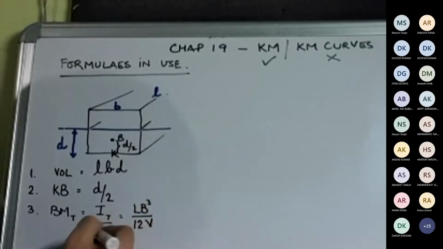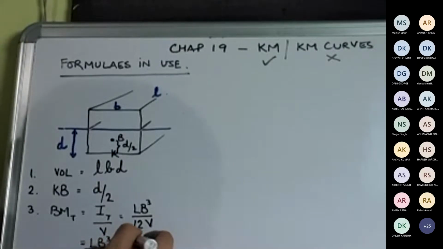If I put LBD in it, what I get is B square by 12.